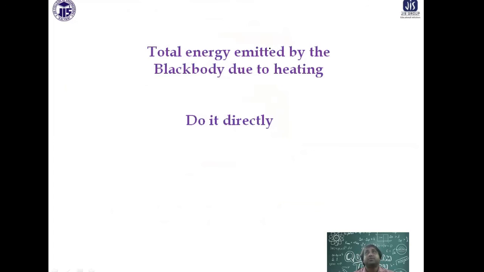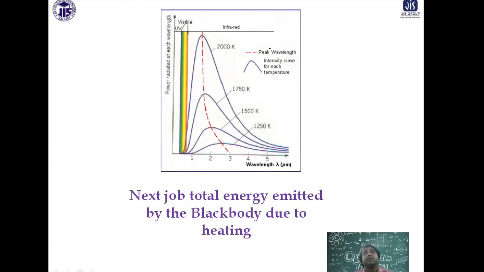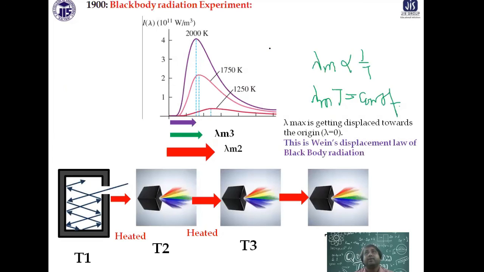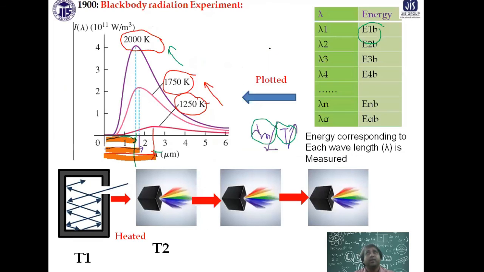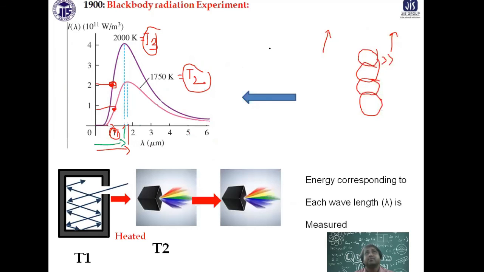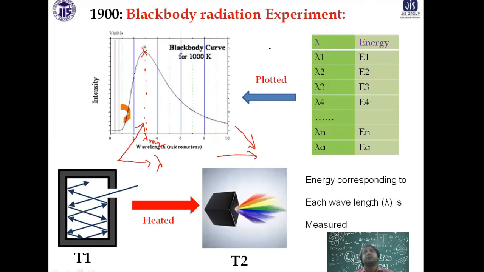I give a bit of a task to you: the total energy emitted by the black body due to heating. Can you do that? Just get back to this picture. I have heated a black body. For every wavelength emitted, I am measuring the energy U1, U2, U3, U4, etc., and after that I have plotted here.